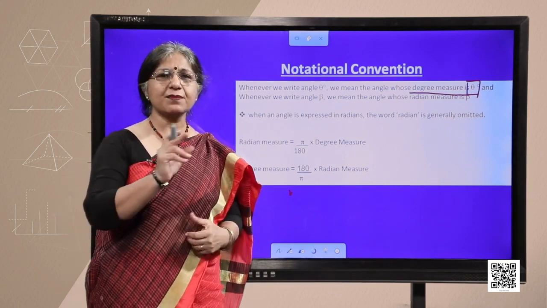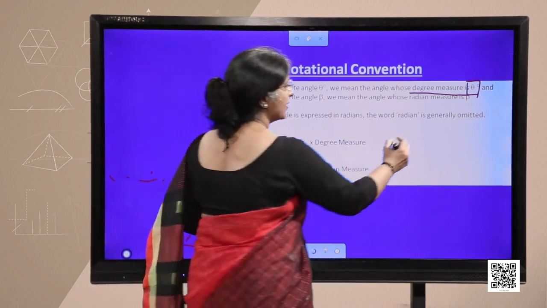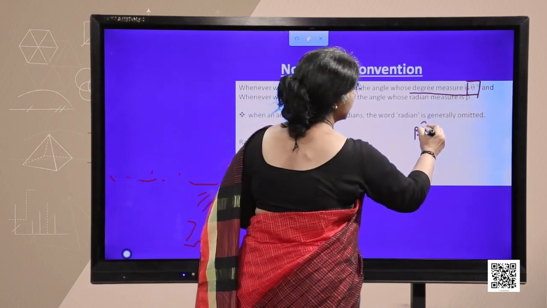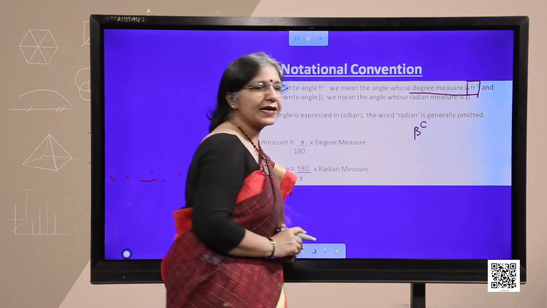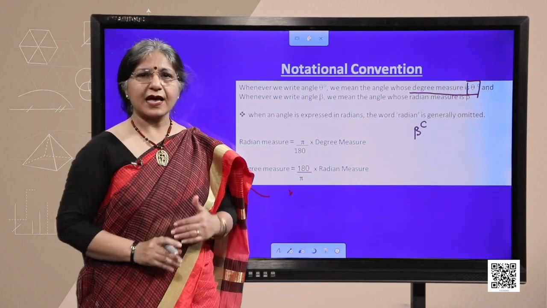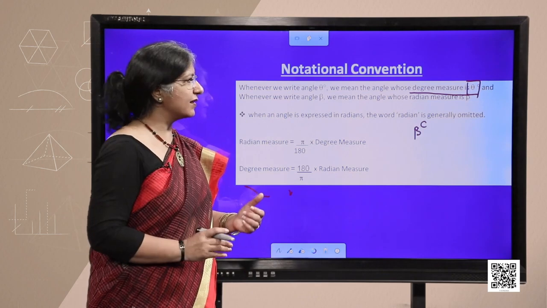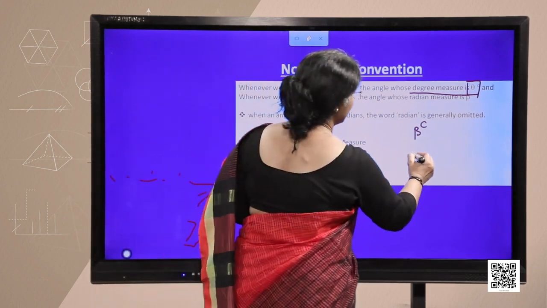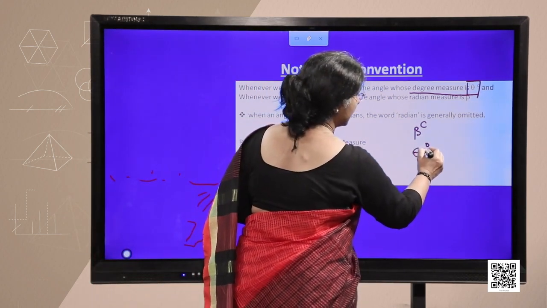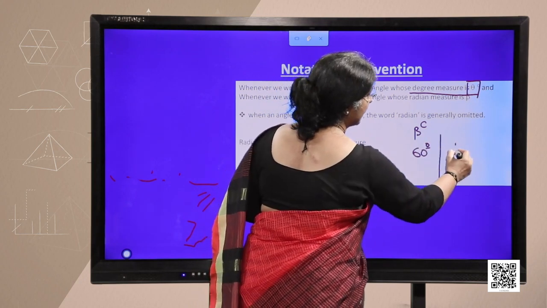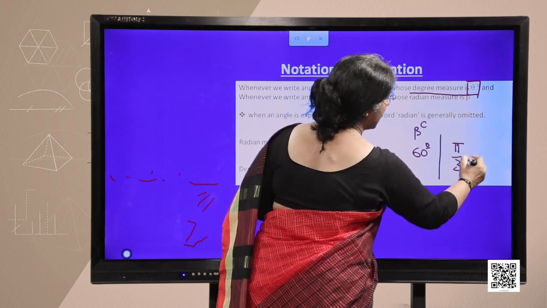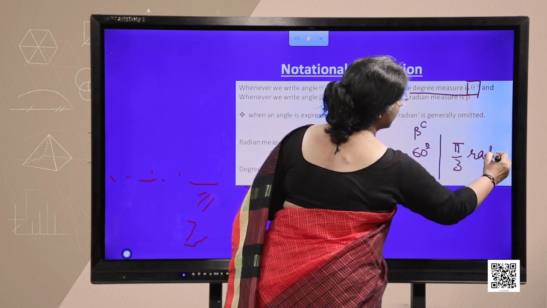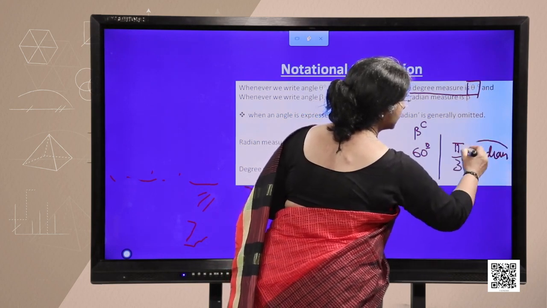In some books you may find it written as beta superscript c, but it is generally omitted. If I want to write 60 degrees, I need this symbol, but if I write pi by 3, I can easily omit the radian sign.